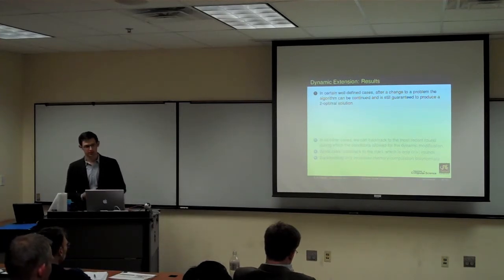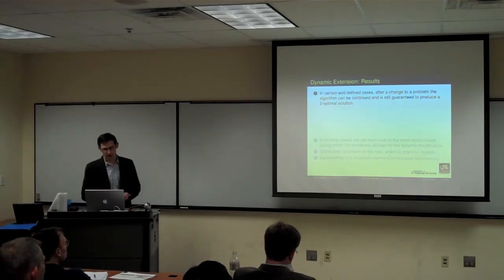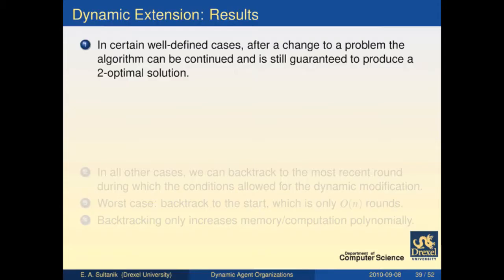So some results from this dynamic extension are that, first, in certain well-defined cases, after a change happens to the problem, the algorithm can be continued on from where it left off, without changing anything, and we're still guaranteed to produce a solution that has the same optimality bounds as before.